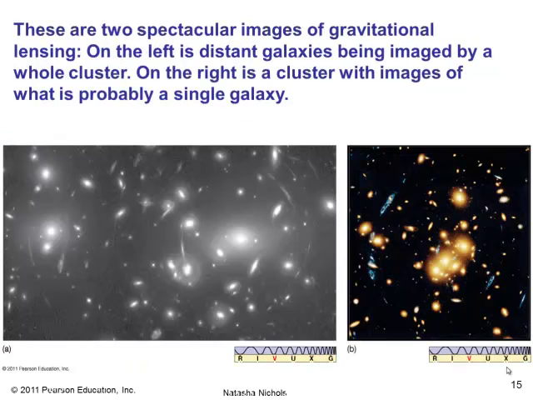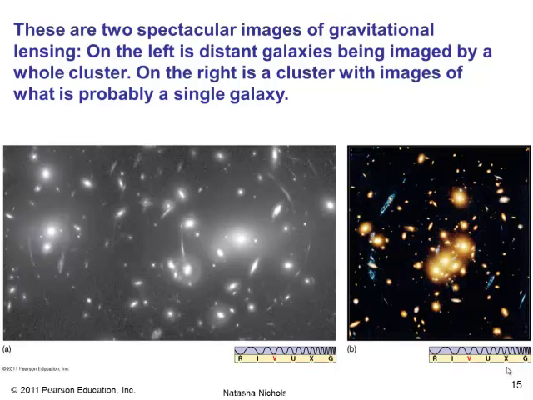Here we have other examples of galaxy cluster lensing. In frame A, we have a spectacular example of gravitational lensing that shows more than 100 faint arcs from very distant galaxies.